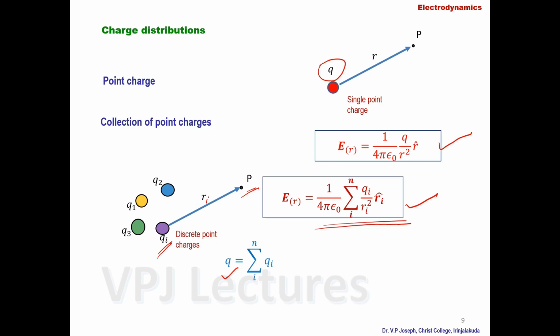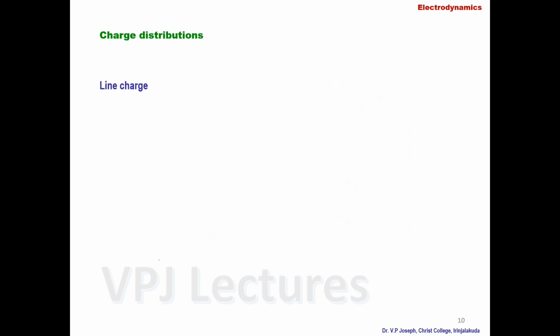Okay, now coming to the third type of distribution, that is line charge. Here it is shown a curved line, a straight line of infinite length or a finite length, or whatever it may be the case. We can identify a small distance called dl, and it is characterized in terms of lambda.